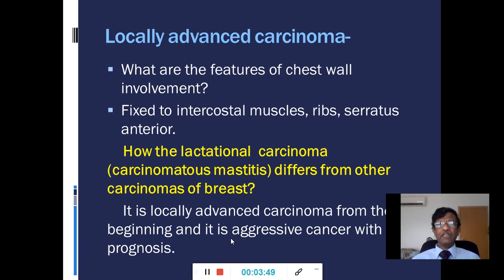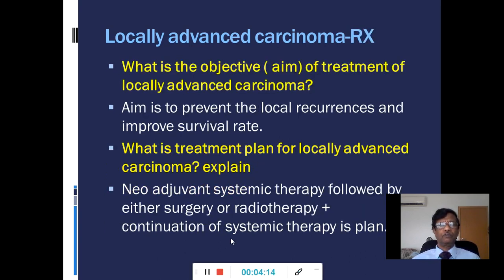From the beginning itself, it is a locally advanced carcinoma as it involves the whole of the breast, and skin infiltration is very common. Peau d'orange appearance also will be seen. So, ultimately it is a locally advanced carcinoma from the beginning, and it is a very aggressive cancer seen in young people with a poor prognosis.